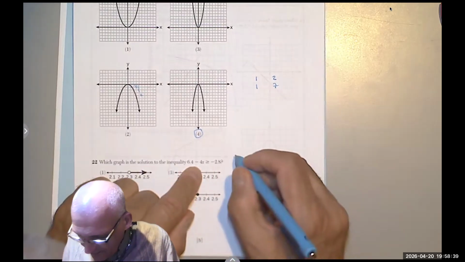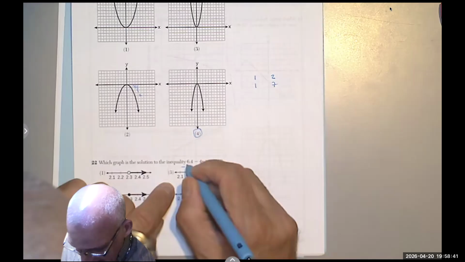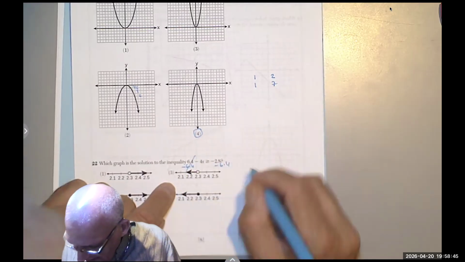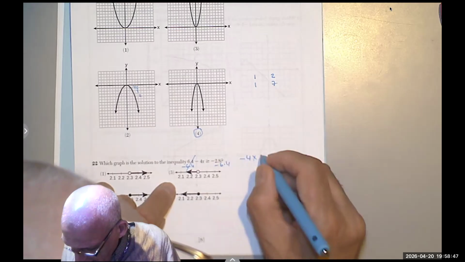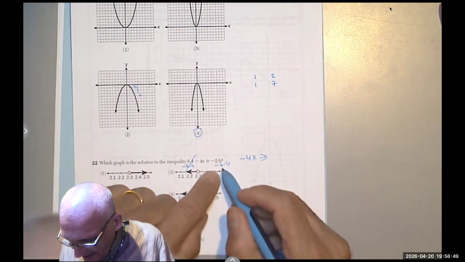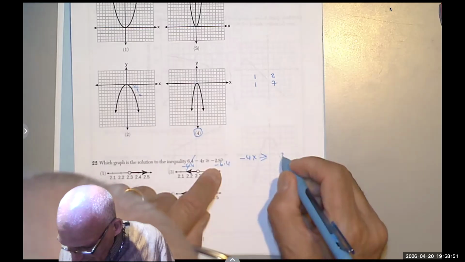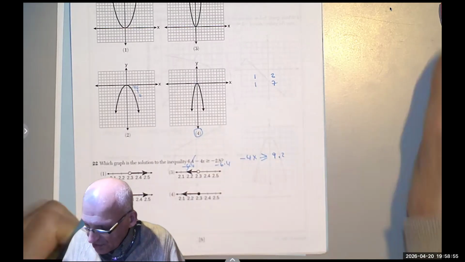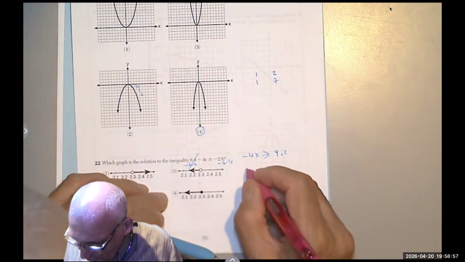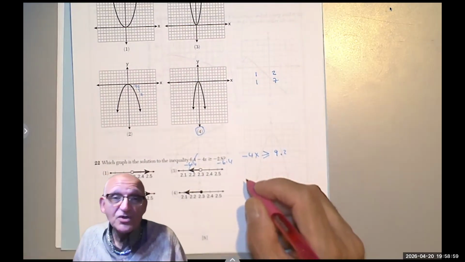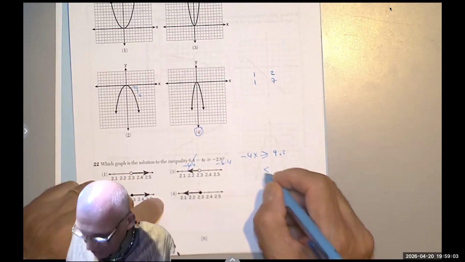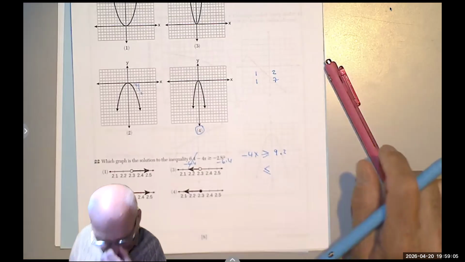Okay, first of all, I can subtract 6.4 from both sides. So I get -4x is greater than or equal. And when you add these, you get 2 and you carry over 1, 9.2. Then you are going to divide by -4. But what happens when you divide by a negative number? Your inequality changes.